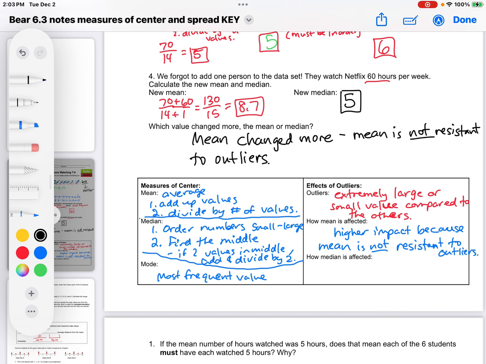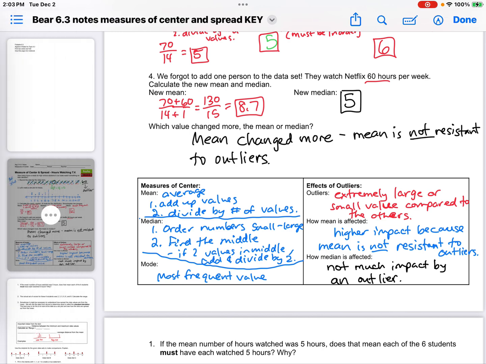Okay? Median, not much impact by an outlier. And the reason for that is because the median deals with the middle value. So those numbers that are out on the far ends really aren't going to impact where the middle is.